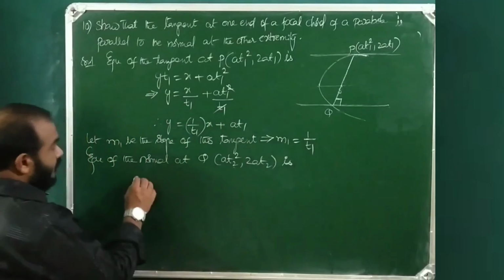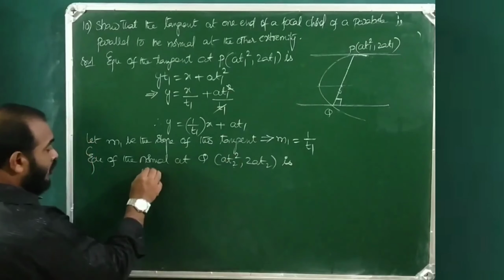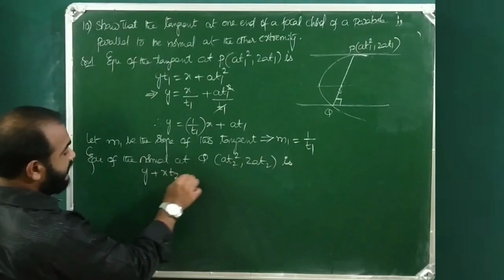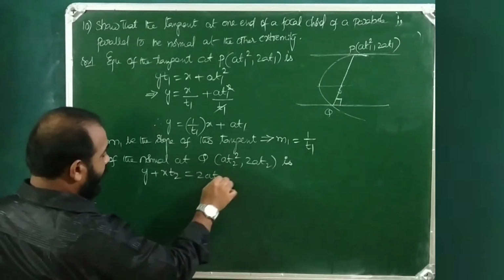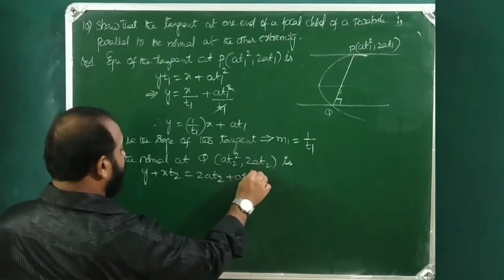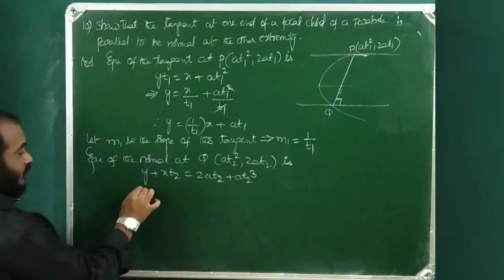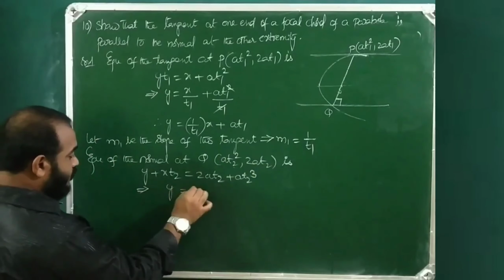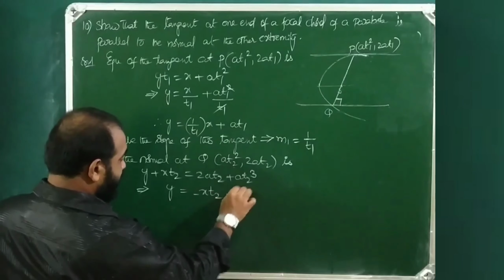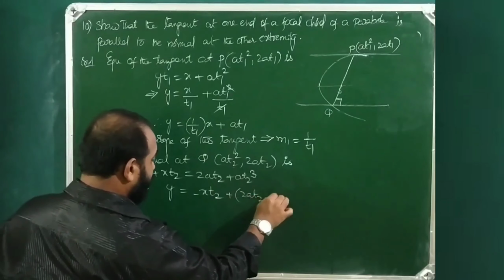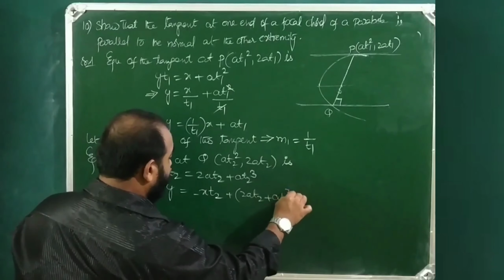So at t2, y + xt2 = 2at2 + at2 cube. So this gives y = minus xt2 + 2at2 + at2 cube.